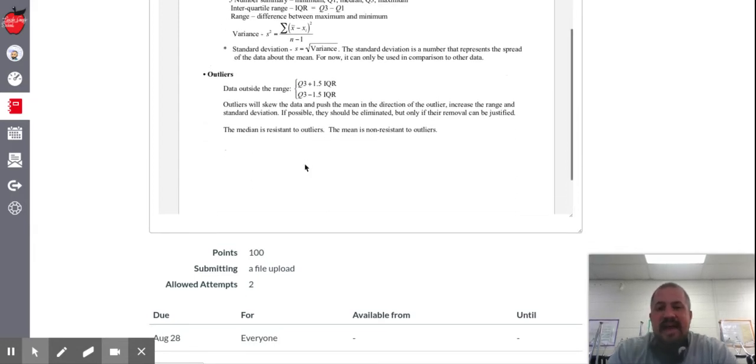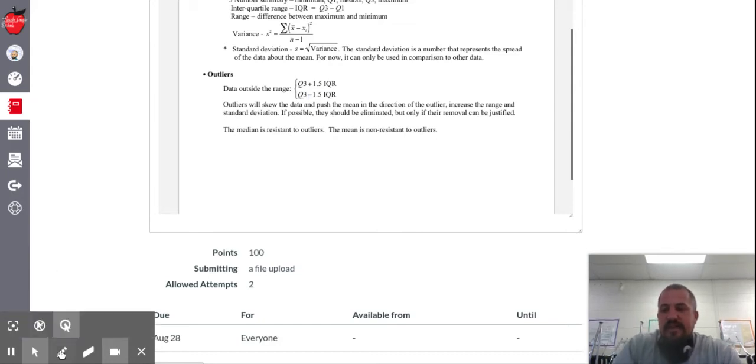And then finally, outliers. The outlier rule, to find a high outlier, you do Q3 plus 1.5 times the IQR. To find a low outlier, it should be Q1 here. So that's a small typo. It should be Q1 minus 1.5 times the IQR.